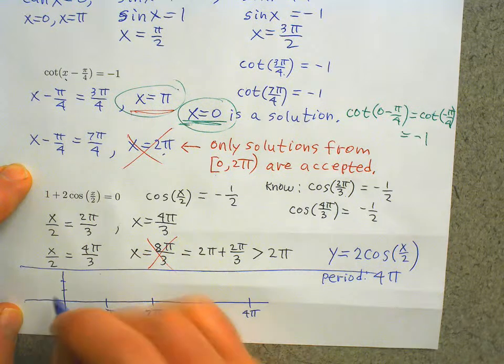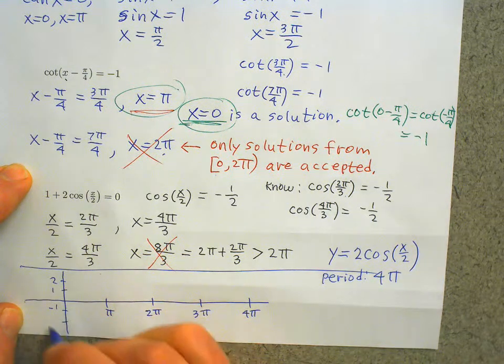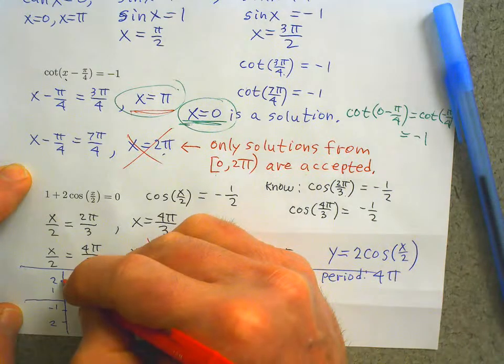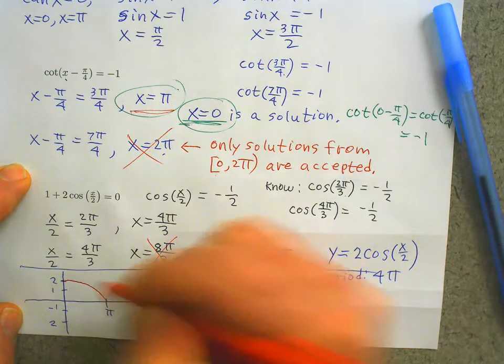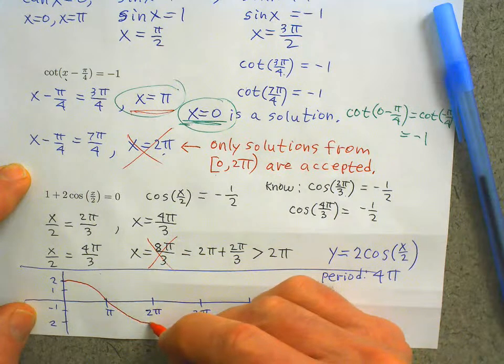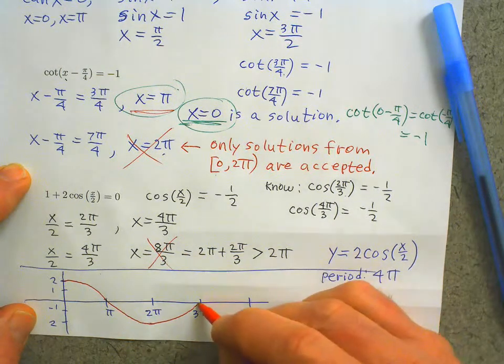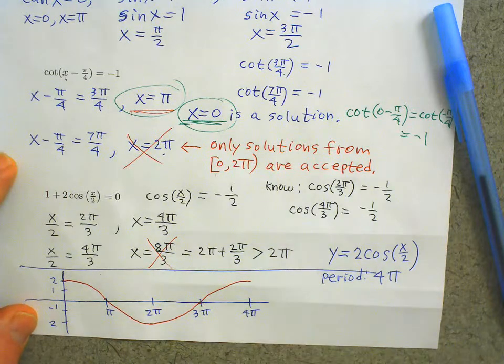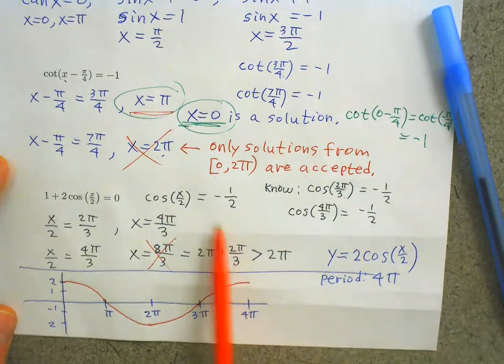So the amplitude is 2. So when we graph this period of length 4 pi, we get this. So remember the equation that we were solving?